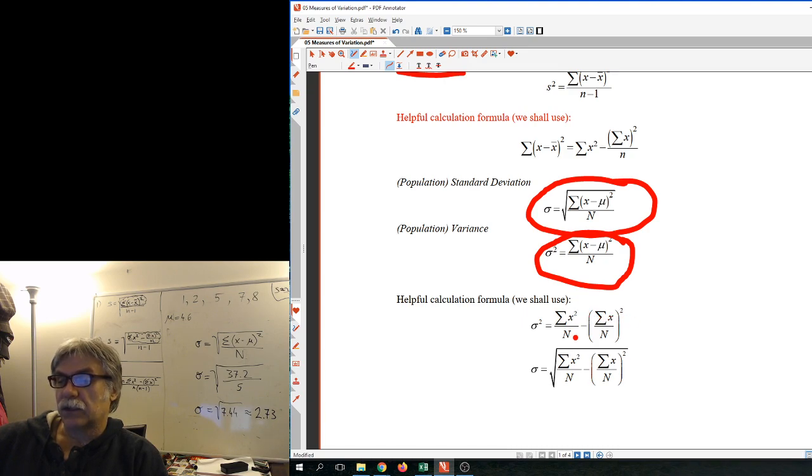So this is the average of the x squares. You sum all of the x squares and divide by 5, so it's the average of the x squares.